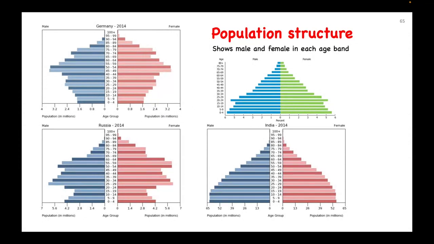Another very widespread and informative sort of chart is population structure. What the population charts have, again, they're always the same. They have males on the left, females on the right, and they're grouped into age bands.